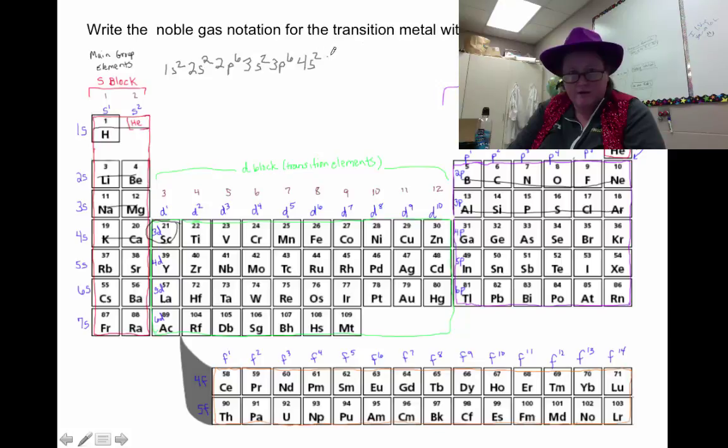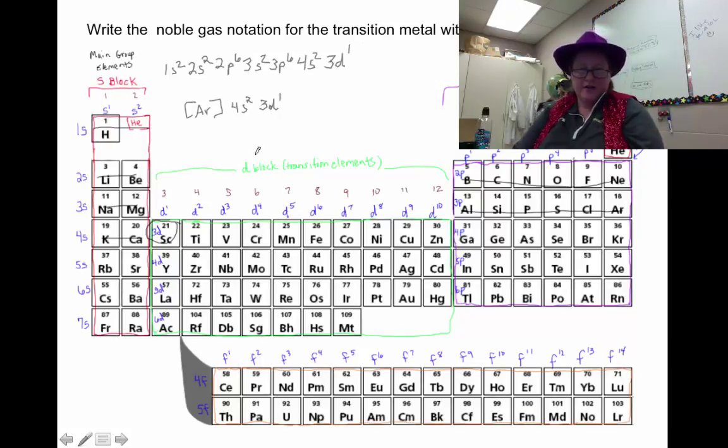Boom, 3d1. Just like that. And let's practice again with the noble configuration. Scandium, looking up to the row above it, the noble gas is argon. Putting that in a bracket, and everything beyond that is a 4s2, 3d1. And we have the noble configuration for scandium.